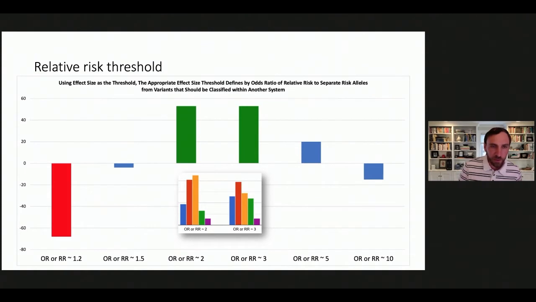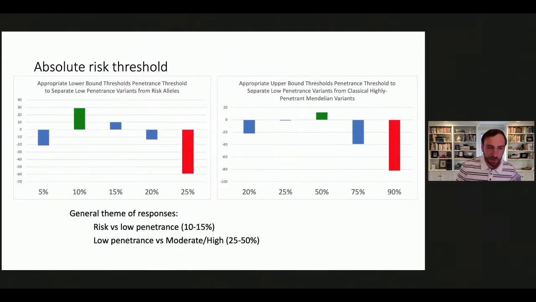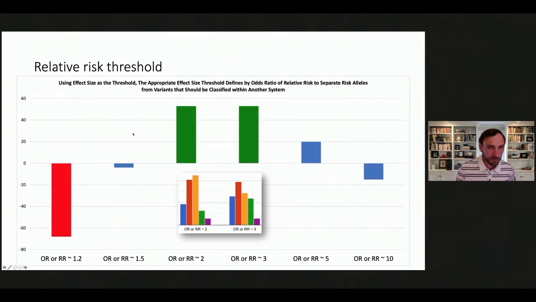Then, once you have something you might want to consider, how do you determine the difference between low penetrance and risk? I will say there's definitely less consensus here. You can see these numbers. This is a Likert scale, and we converted strongly agree to 2, agree to 1, neutral to 0, disagree to -1, and strongly disagree to -2, and summed them all up.